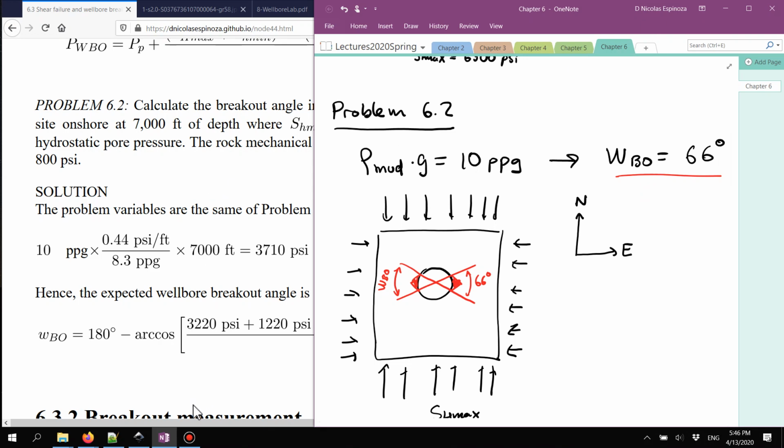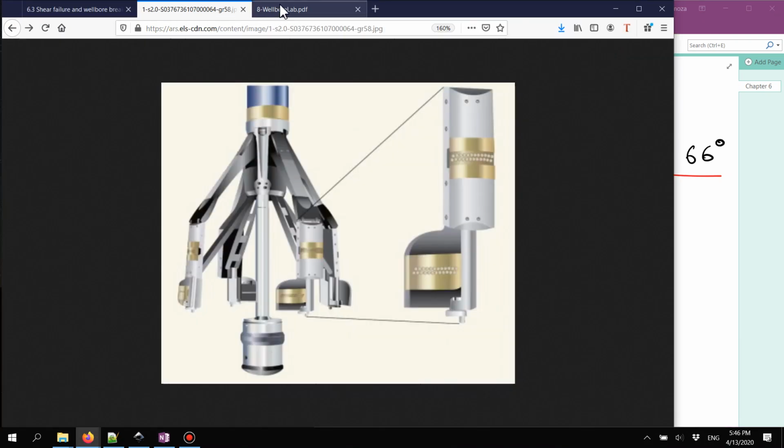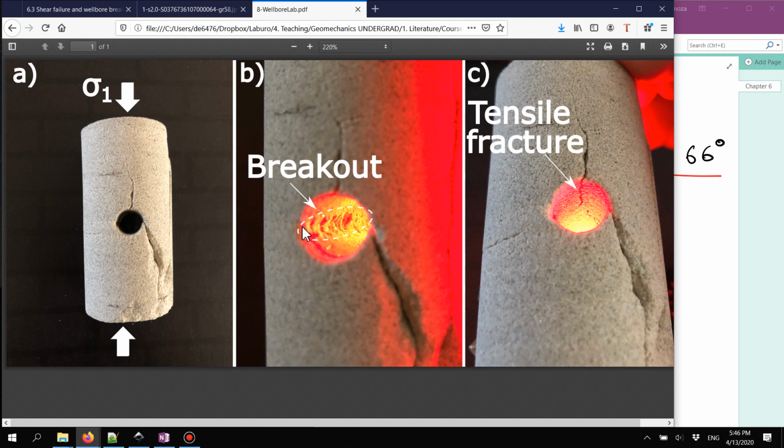As we have seen before, this is going to be the shape of those breakouts, and in this case, this is real rock. This is a real picture of a small wellbore done in the laboratory, but this is what you should expect as the breakout shape.